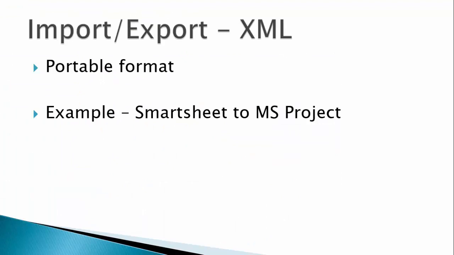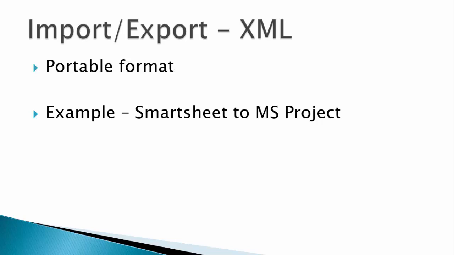XML is a portable file format readable by many programs. One option we have in opening and saving files in MS Project is to use files with the .xml extension. For example, we can create a project plan in Smartsheet, another project scheduling tool. We can save the results in the XML format in a file with the .xml extension.